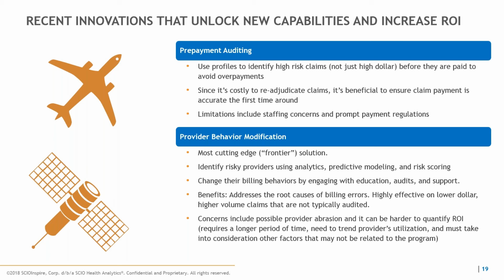With the quick cadence of technology advancements in data management and analytics and system interfaces, it's possible to complete complex audit reviews within the initial prompt pay timelines and to avoid overpayments. Prepay audits deliver the trifecta of benefits, the improvements to speed, quality, and cost.